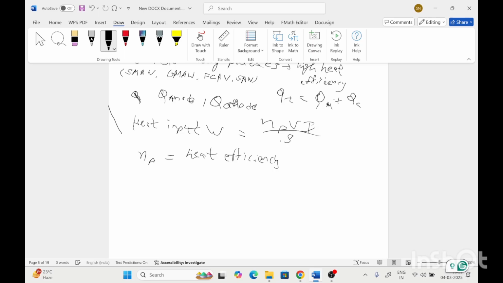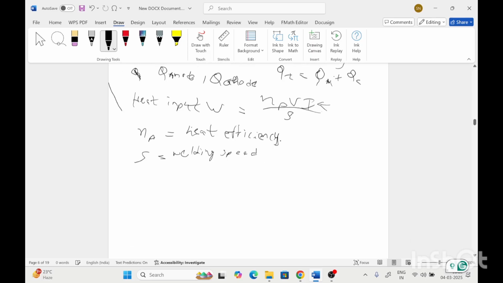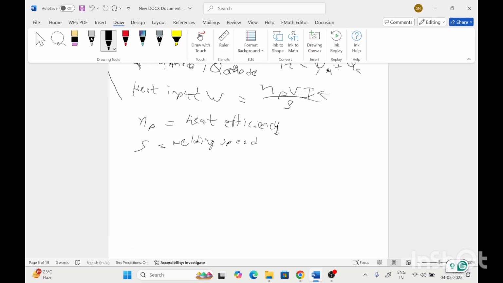It tells what fraction of heat is transferred from the arc to the workpiece. V is voltage, I is current, and S is the welding speed. So how can we calculate the heat efficiency for different consumable and non-consumable arc welding processes?